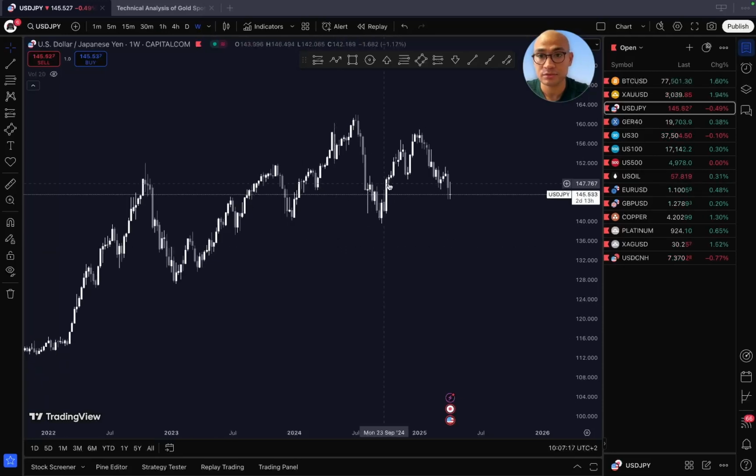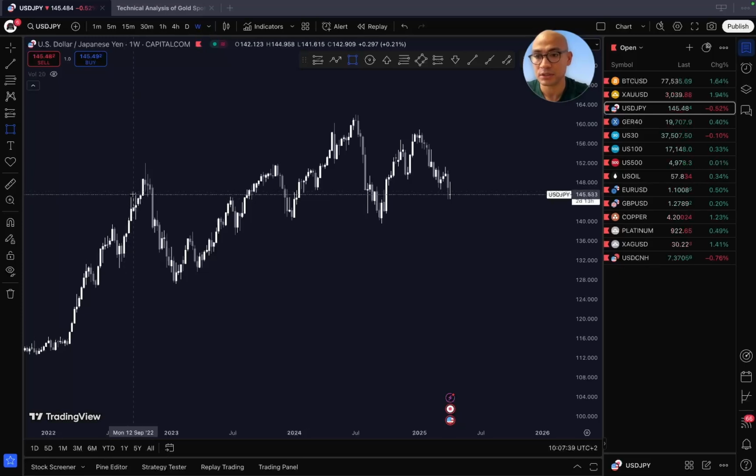So what I like to do in situations like that is I'll take my little box tool and you'll see, even this area here, price climbed up to that point and then fell. Price climbed to that point, fell again, tried it again and broke above. So I'd say it's a pretty strong zone.